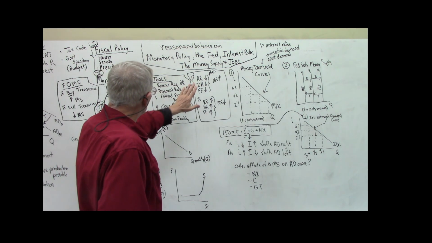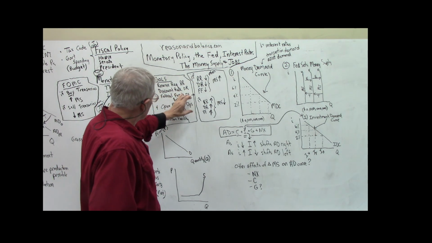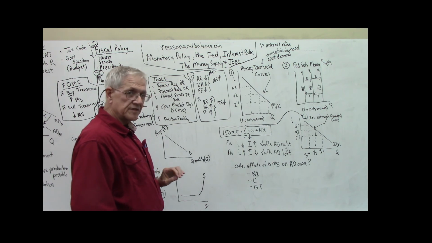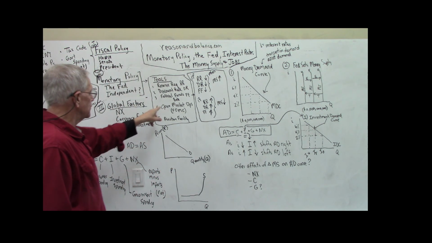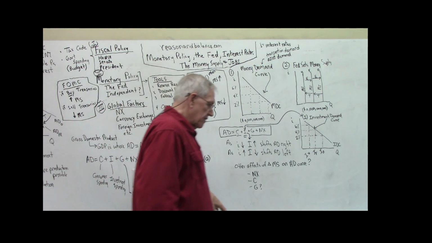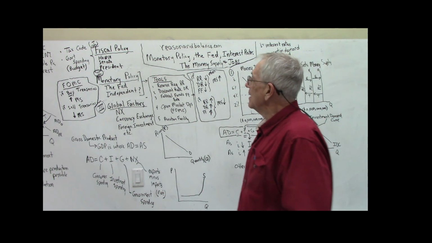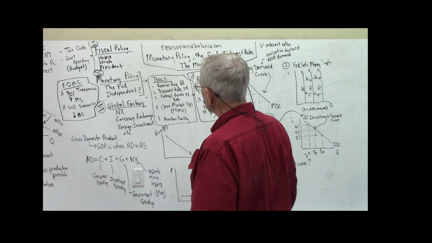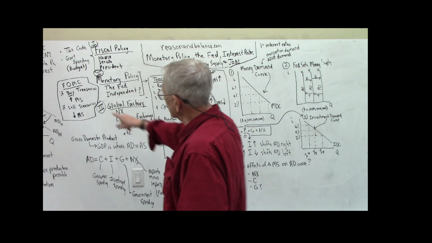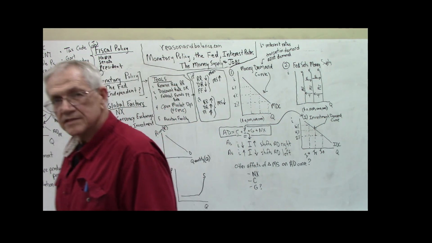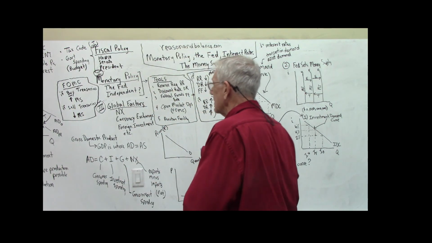Okay, so these are the tools, and then probably the most important, perhaps, is the open market operations. Open market operations are set by the Federal Open Market Committee, FOMC. Let's basically just remember this.